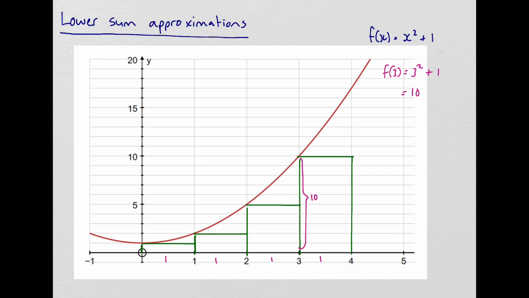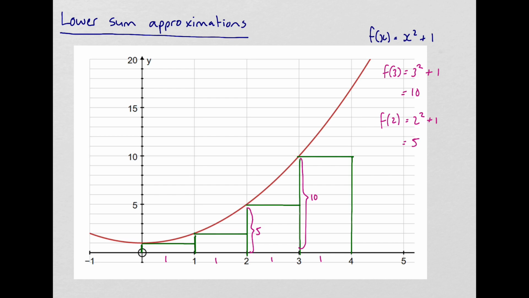Okay, then we're going to go to x is 2. So when x is 2, we've got 2 squared plus 1, which equals 5. So this distance here is 5. Alright, and then the next one we're going to go to is when x is 1.